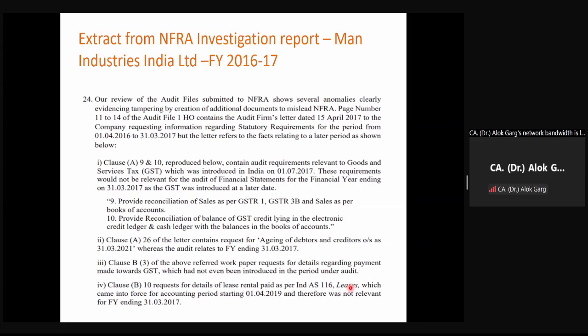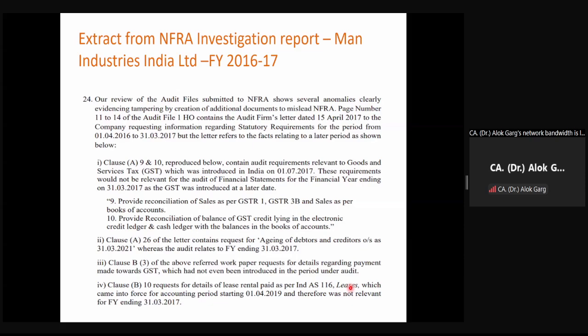Now, what happened? When Ind AS were notified in 2015, the applicable standard on leases was Ind AS 17, which takes care of lease accounting. Subsequently, via MCA notification dated 30th March 2019, this old standard Ind AS 17 was deleted and superseded by Ind AS 116. The new standard was Ind AS 116.